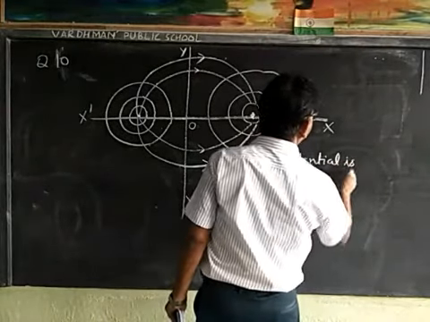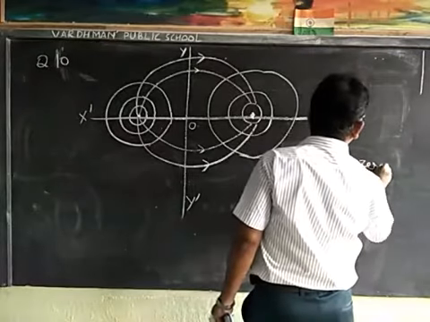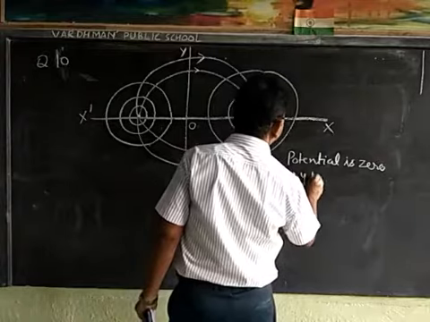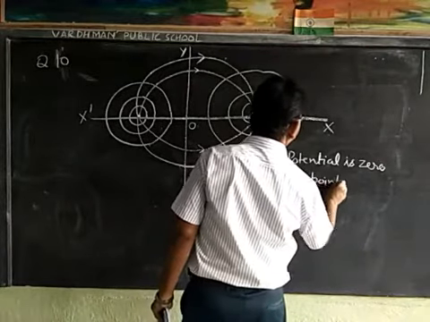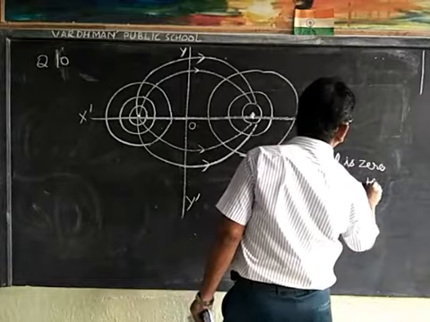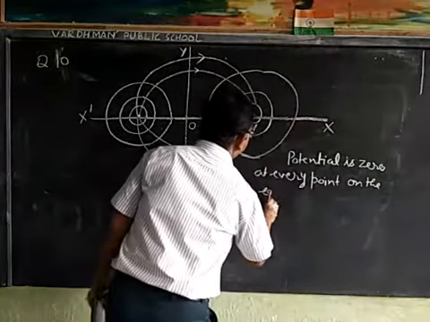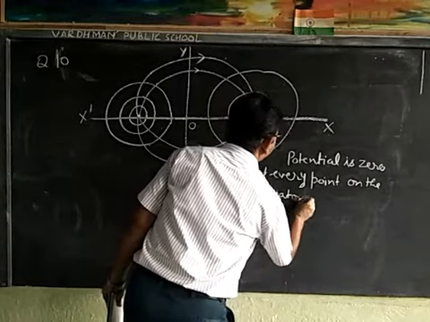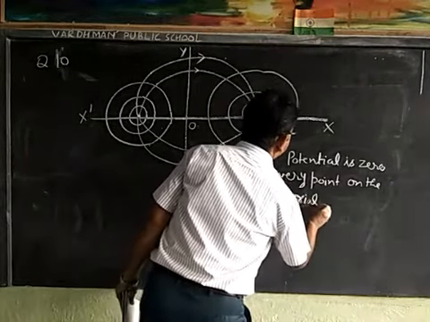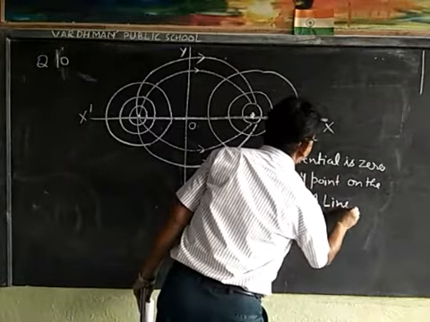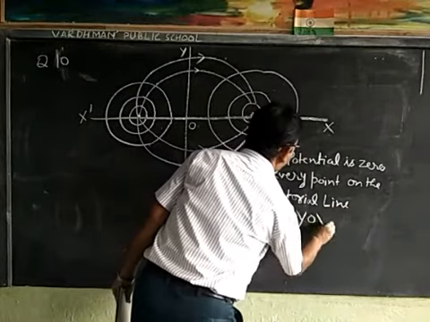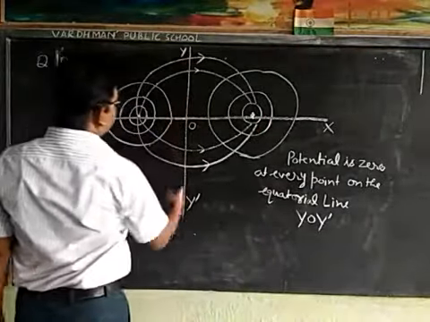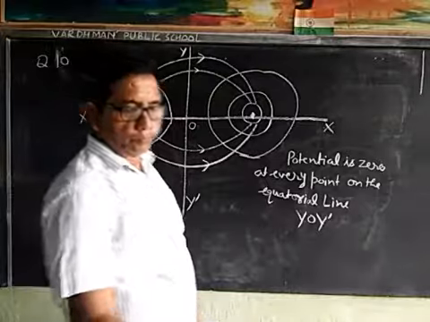Potential is 0 at every point on the equatorial line y dash. On this line electric potential is 0.